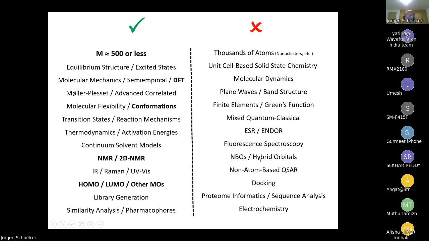We don't do hybrid orbitals and natural bond orbitals because it's a can of worms. There are all kinds of definitions around. We just decided not to go there. It's not impossible to do, but we don't want to go there. We just stick to conventional molecular orbitals.